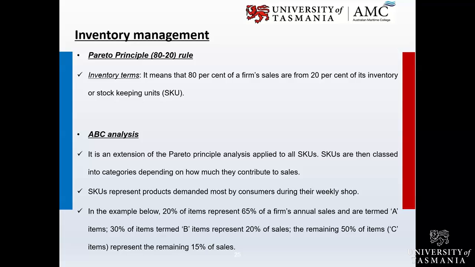So we need to focus on the 20% of inventory. We need to focus more on the 20% of inventory because they make a higher contribution to a company's sales.